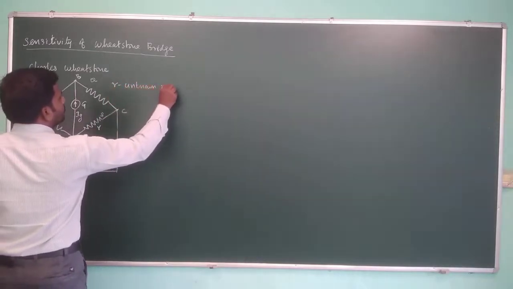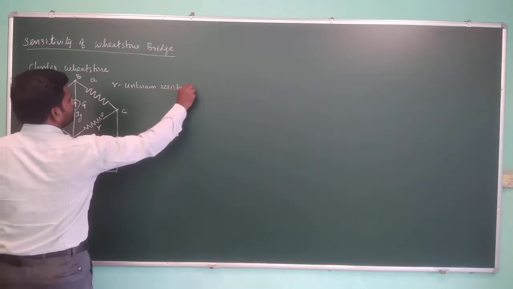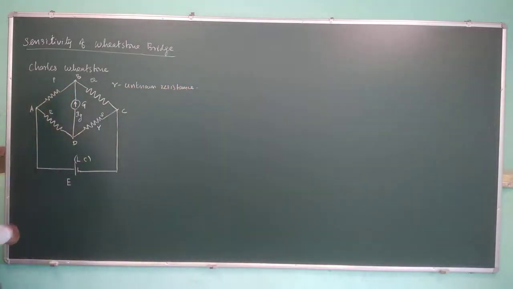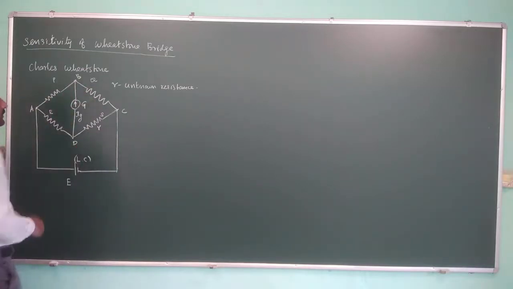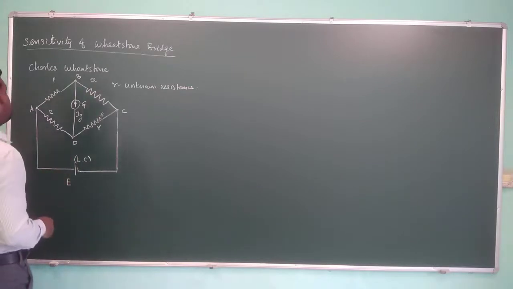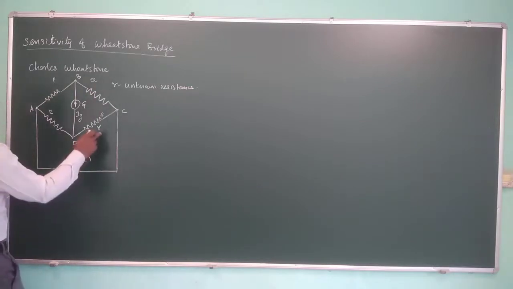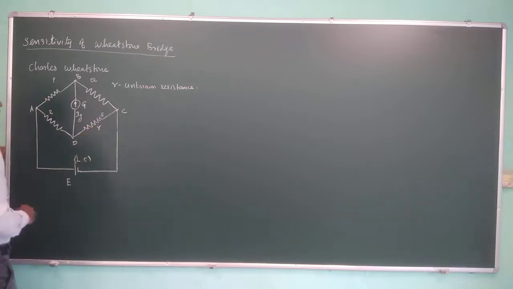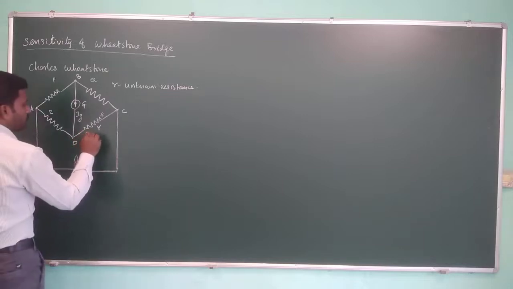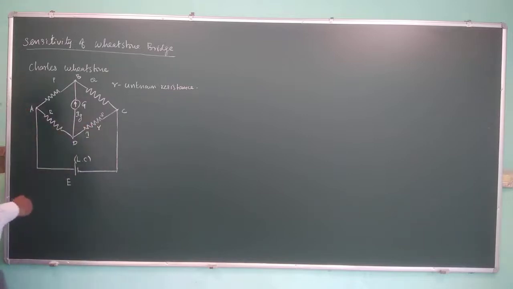We don't know the resistance of this R. If you know all 3 resistances, then you can calculate this resistance, but that we will discuss in the next lecture. In this lecture we will discuss the sensitivity of the Wheatstone bridge. Let us assume that the value of this resistance is R, which is unknown, and the current through this resistor is, let's take, I.